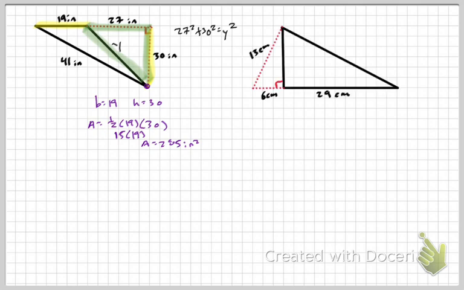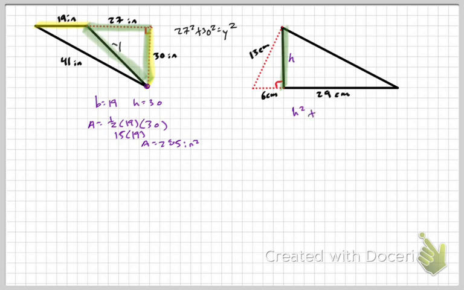Okay. Another one. In this instance, this is a right triangle, because if this is a right angle, then this over here is a right angle as well. So we need this green length to be able to find the area of this triangle. Pythagorean theorem once again. So let's call this h.